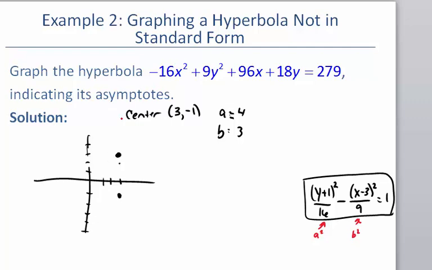Okay, so we have a vertex point here. That's going to be the point 3, 3. And then we're going to come from the center down 4. 1, 2, 3, 4. That's going to be the point 3, negative 5.